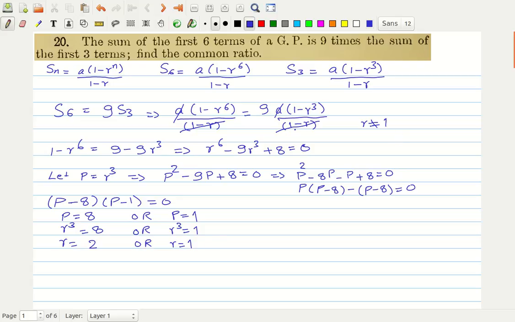But what did we say? From here we got that r cannot be equal to 1, so we have to reject this solution. So the correct solution is r is equal to 2. Okay, so this is our problem number 20.